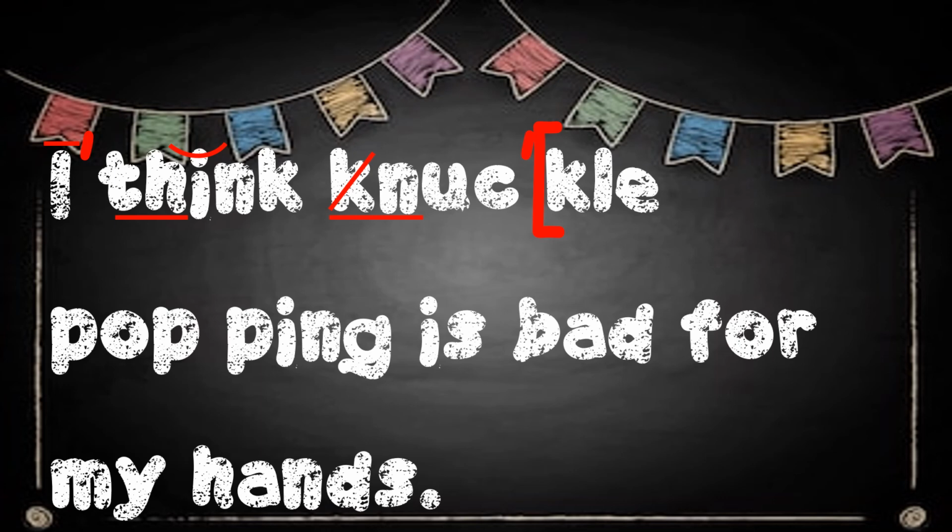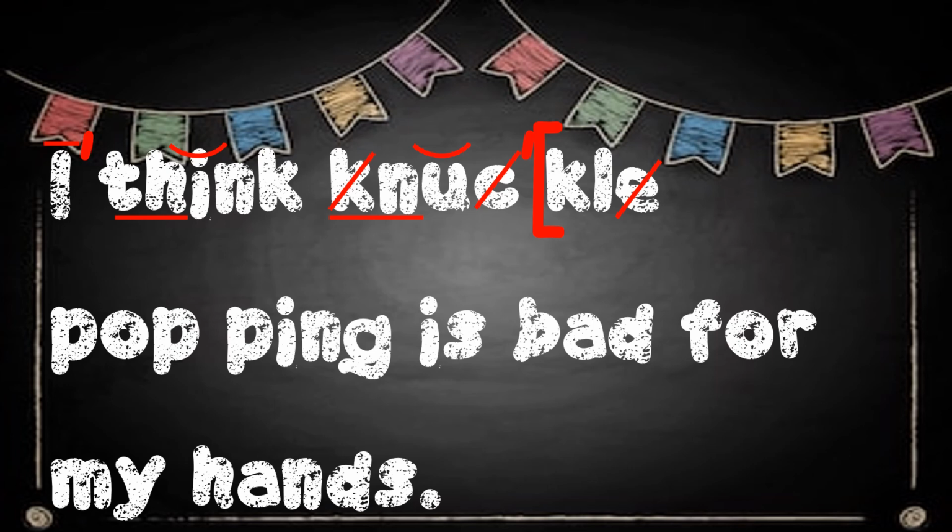I have a vowel U followed by a consonant. So that vowel is going to make its short sound. I see I have a C and a K close together and I don't need to say those twice. So I'm going to cross out the C so I remember not to say it. And then the E at the end of this word is silent too.